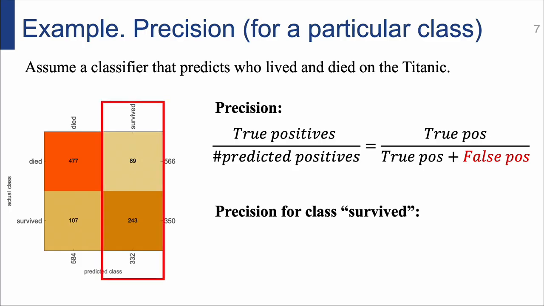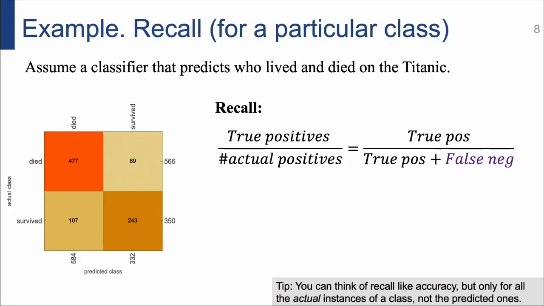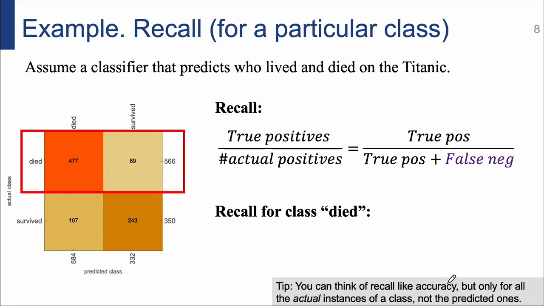Now let's compute the precision for the class survived, which is 0.73. And now we compute the recall. For recall, we care about all the instances that were actually of a particular class. How many of those did we find? Therefore, think that recall is also like accuracy, but only for the actual instances of a class, not for the predicted ones.